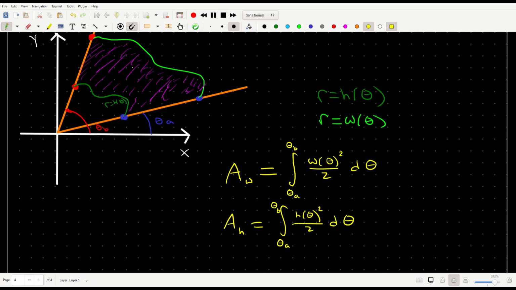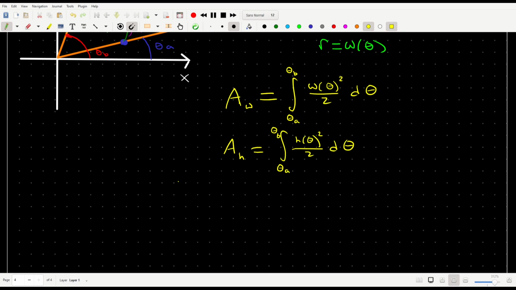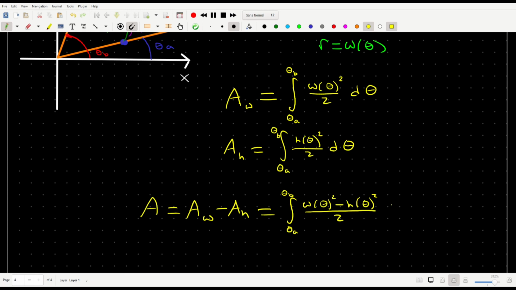So the area that we're looking for, A, is going to be A w minus A h, or in terms of one integral, the integral from theta a to theta b of w of theta squared minus h of theta squared over 2 d theta. And this is a very useful idea for many problems.